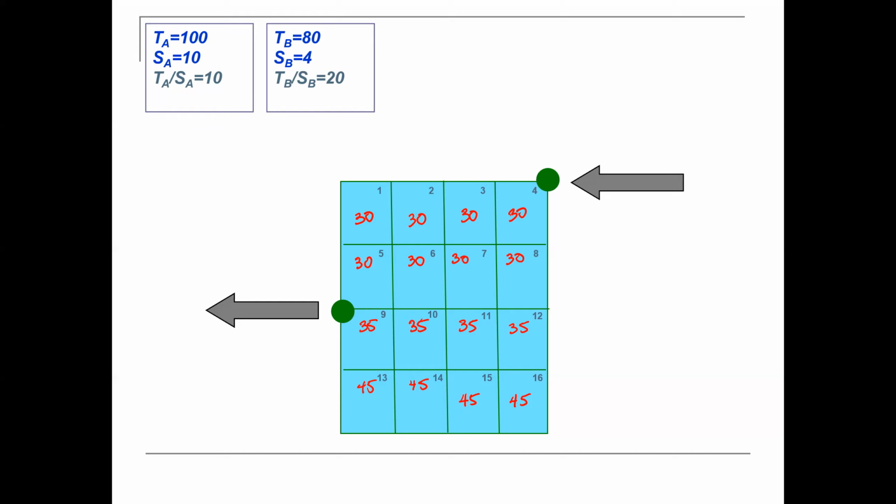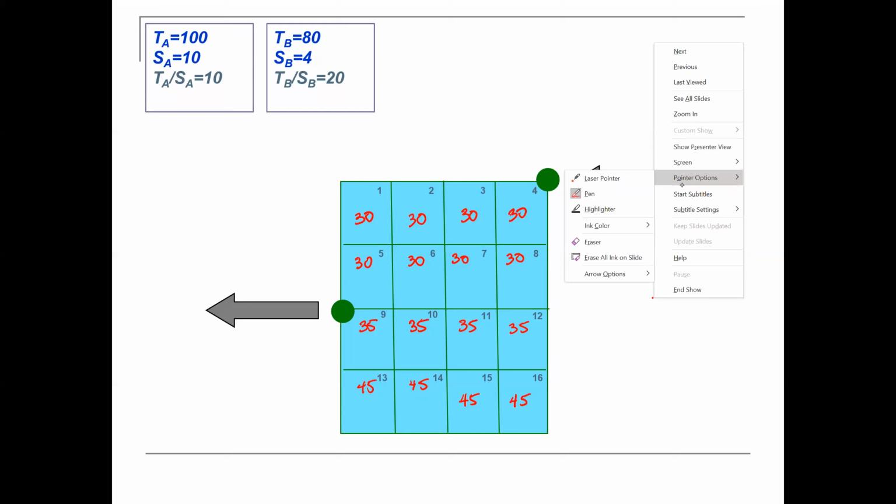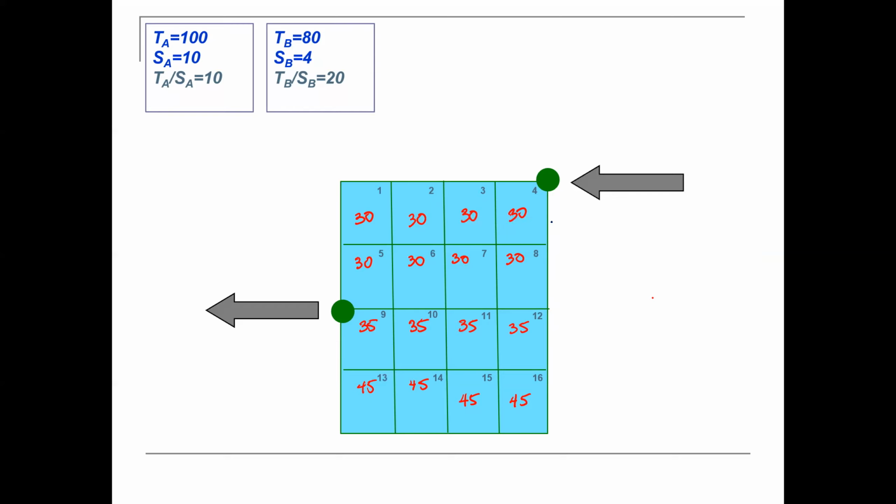Okay, so what we have is the following. I want to assign B to those cells that have the lowest FK value. So I'm going to use another color. So I have 4 cells, right? For B, I need to accommodate 4 cells. And I'm going to look at the lowest values, which is 30.